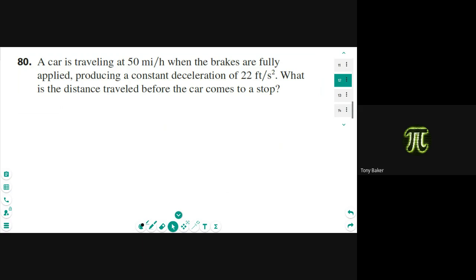Yeah, 22 feet per second squared. Yeah, the acceleration is always squared.